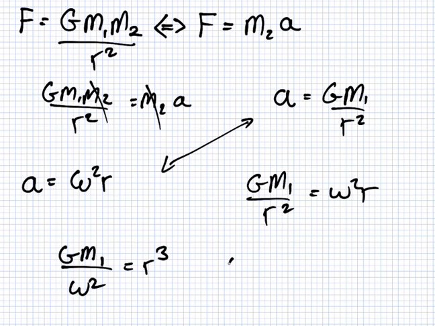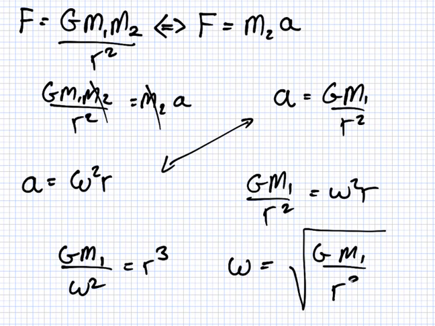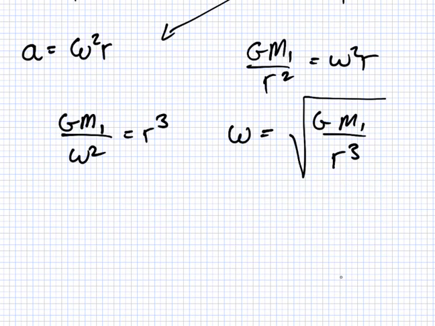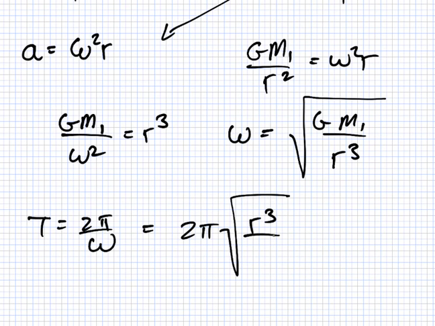So I get omega equals square root of GM over r cubed. Now we don't want the omega, what do we want? Time. Yeah, but T equals 2 pi over omega, which will equal 2 pi root r cubed over GM. Finally, I can get the time because I know the M, I know the r.